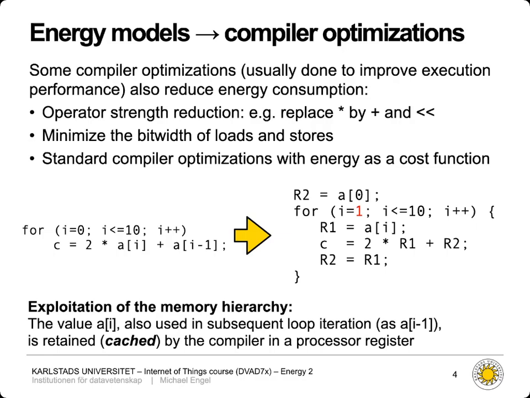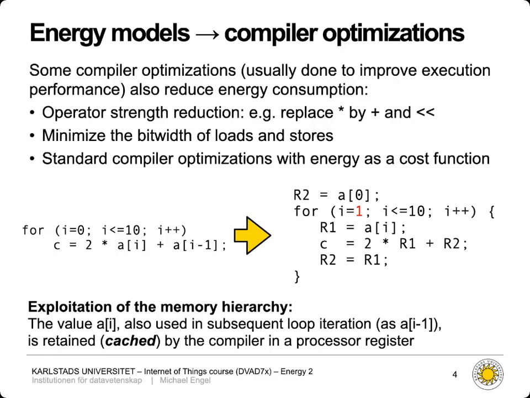So this would result in something like on the right-hand side, where we see that if we just use a loop over an array of 10 elements and just calculate C as 2 times the current element plus the last element, then we can actually use a trick, which a compiler would also do.